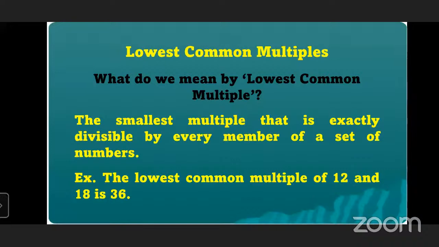If we are given 12 and 18, we have to check the lowest common multiple, the number which comes first in both tables. That is our LCM, lowest common multiple. If you check the table of 12 and the table of 18, you will get the first common number, that is 36.